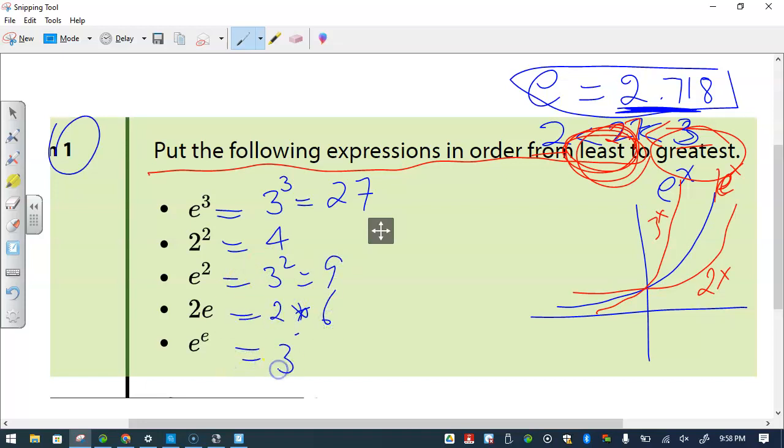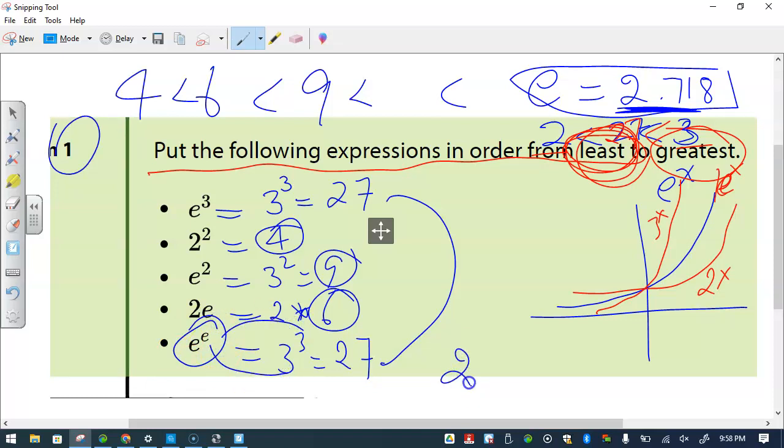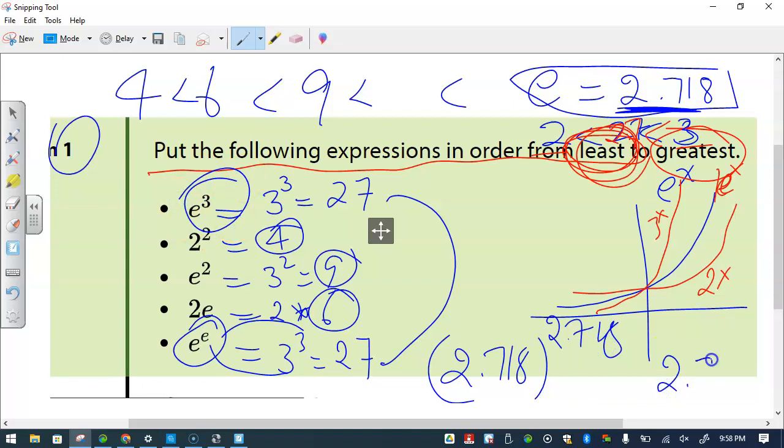The smallest is 4, then comes 6, then 9. Now we need to know the biggest, even though I wrote 27, but remember this is not 3, it is 2.718 raised to 2.718, and this one is 2.718 raised to 3.